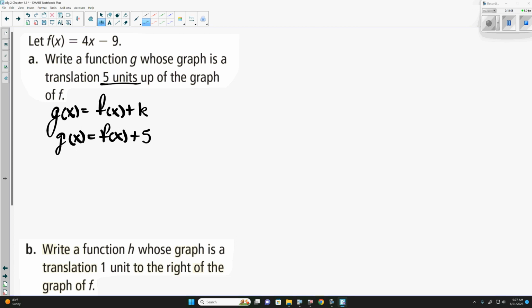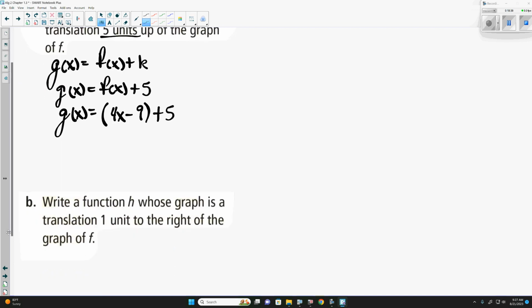Now at this point here, we do need to plug in our function f of x. Now, unlike the last problem, did we change what's inside that parentheses for f of x? It's still x, yes? Which means we can just replace it with 4x minus 9, with plus 5 on the outside. Do we need the parentheses?